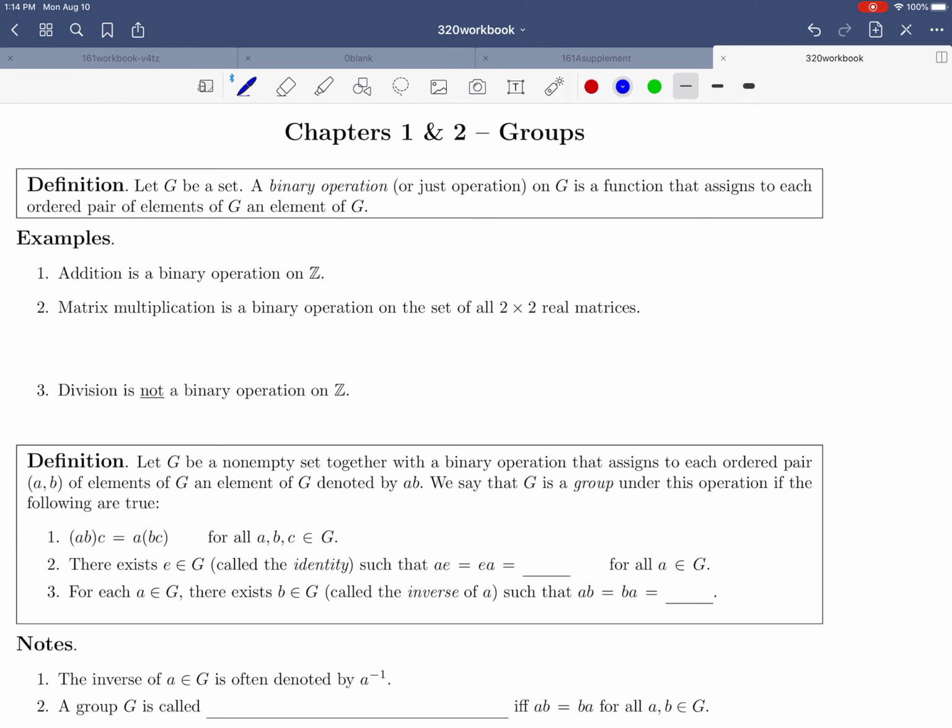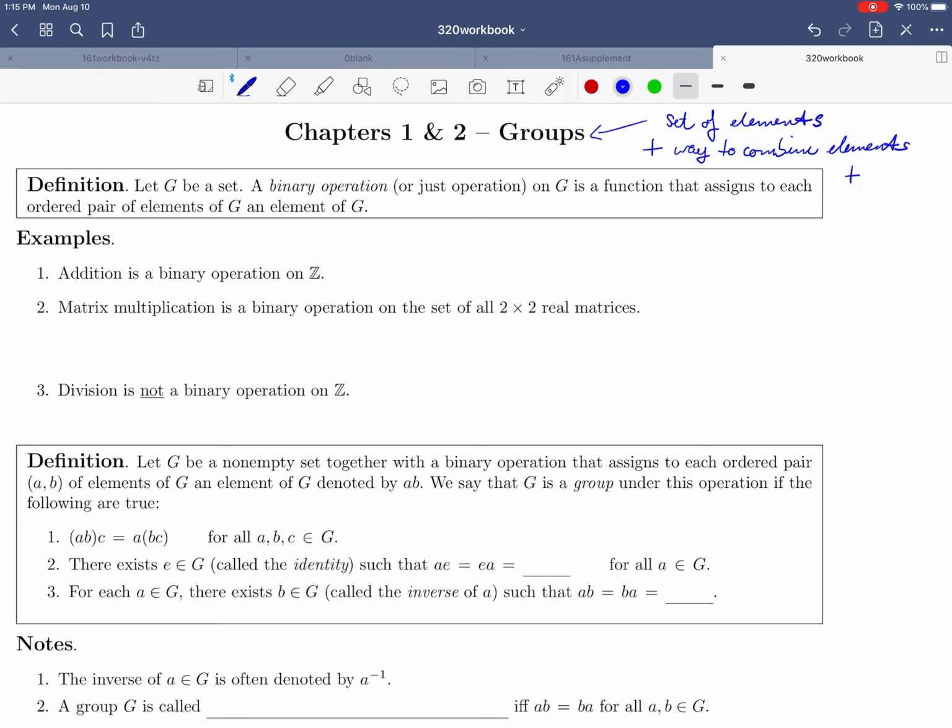So, what's a group? Well, the way I want you to think about it to begin with is think about a set of stuff. So, our group right here is a set of elements together with some kind of way to combine elements.